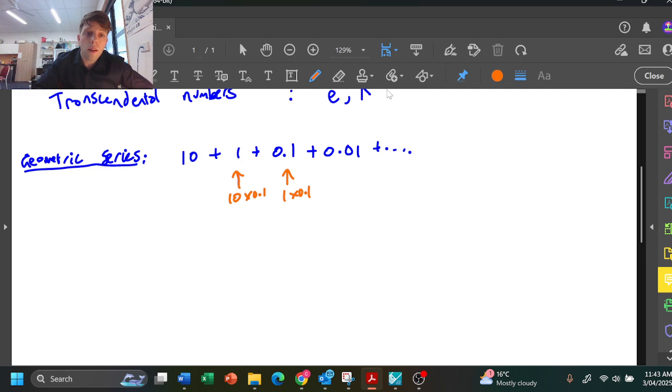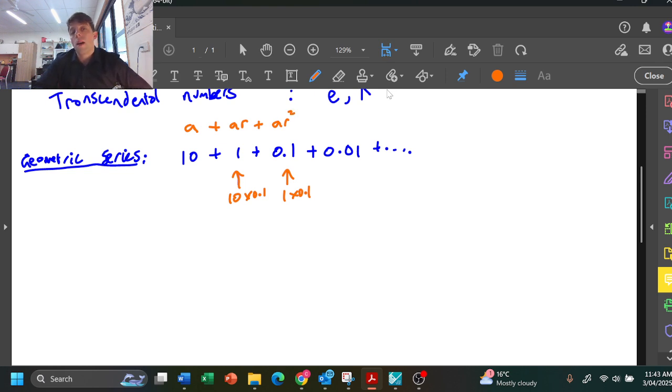So we're starting out with our starting number. Let's call this a. And every time we're adding that previous number multiplied by a common ratio, which in this case is 0.1. The next number is going to be that previous term multiplied by that common ratio. So the previous one in the sequence, in this case 1, and then we're multiplying that by the common ratio again.